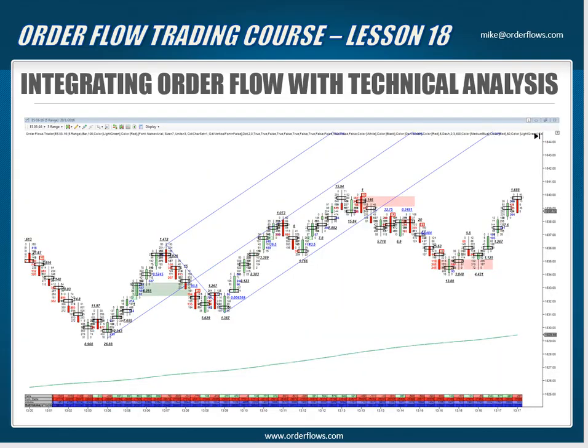Now, this is the Andrews pitchfork, and it's an interesting tool. It's an old-timers tool, but it's a tool used by people that have sort of been around the markets for a long time.